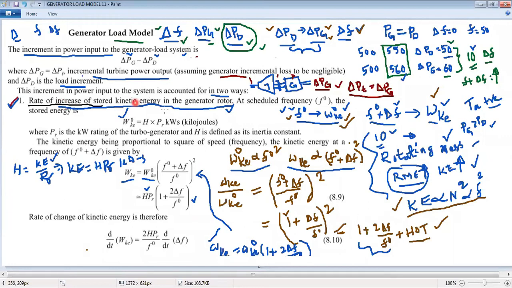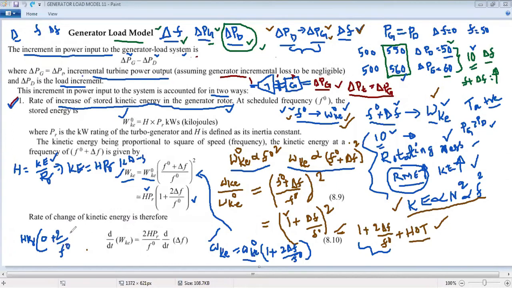For that, you have to differentiate this kinetic energy with respect to t. Then d by dt of Wke equals HPR, which you keep as it is, multiplied by 1 plus, which is a constant, so its derivative is 0, plus 2 by f naught, which is a constant because without a disturbance condition f naught is 50 Hz.